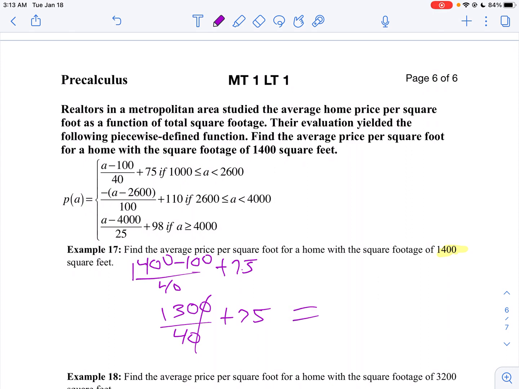And since we're doing price, I'm going to write that in terms of money. So I take 130 divided by 4, and you get 32.5. Well, I add 75 onto my answer, I get 107.5. And that will be the average price per square foot for this type of home.